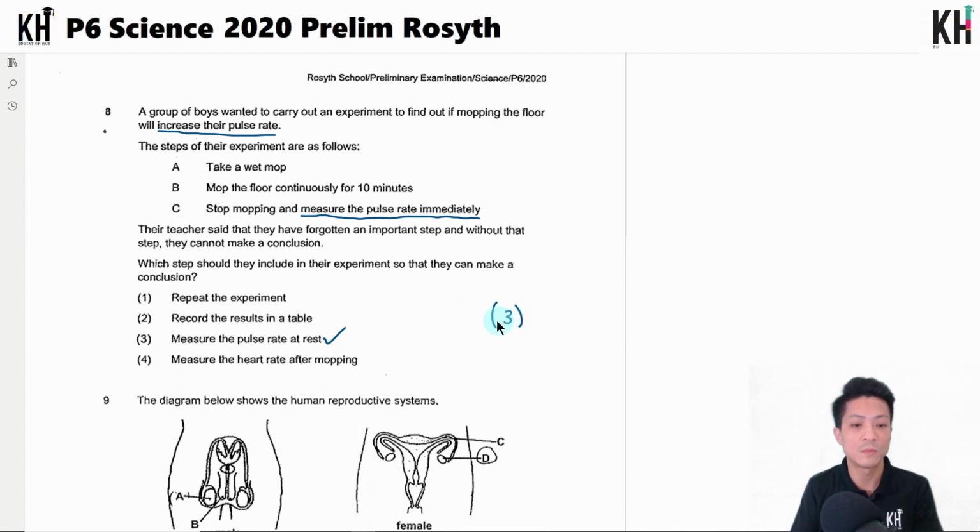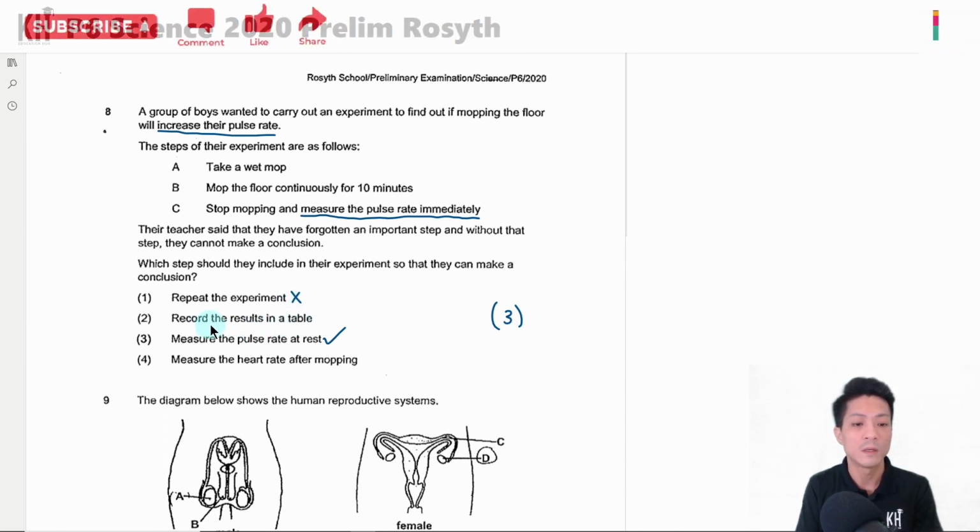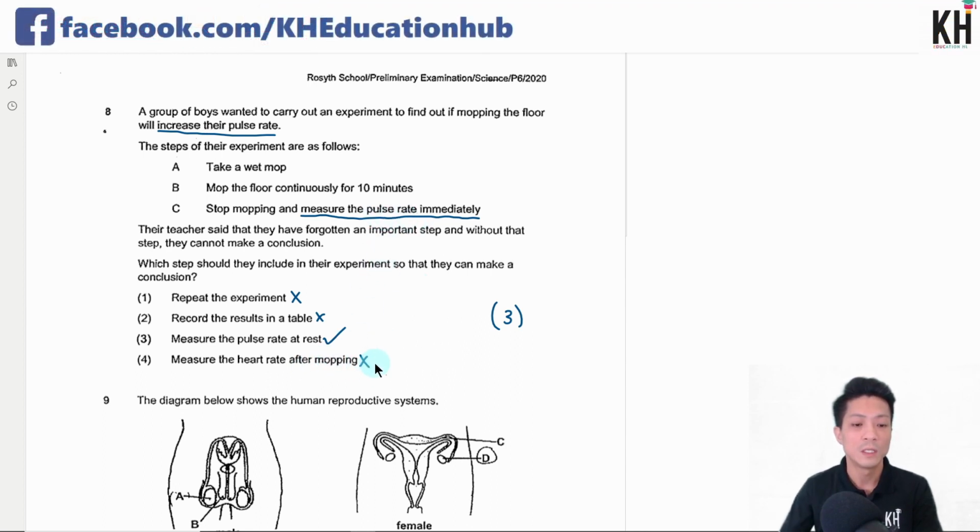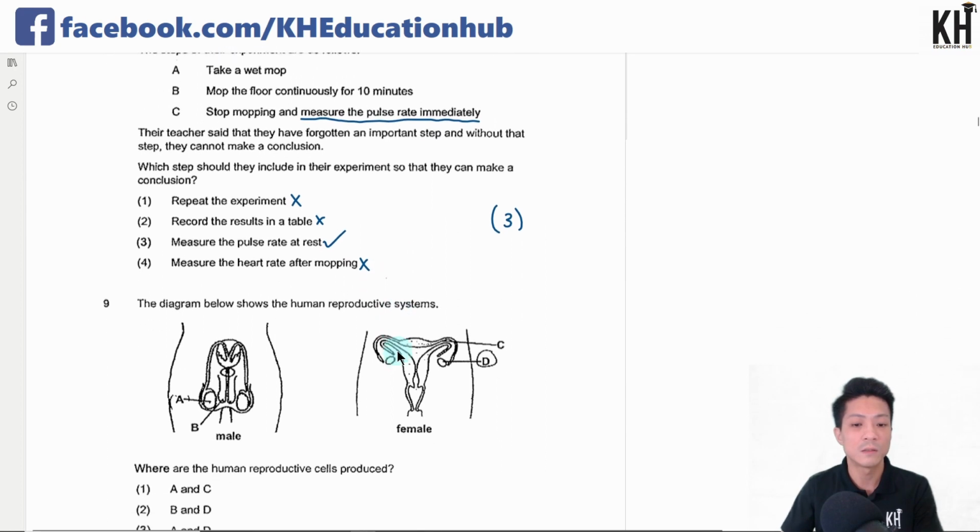Okay, so the answer should be number 3. Repeating the experiment will not allow you to make the conclusion. Recording the results in the table also will not allow you to make the comparison. Measure the heart rate after mopping. Yeah, heart rate and pulse rate are basically the same, so you need the pulse rate at rest to make a comparison.